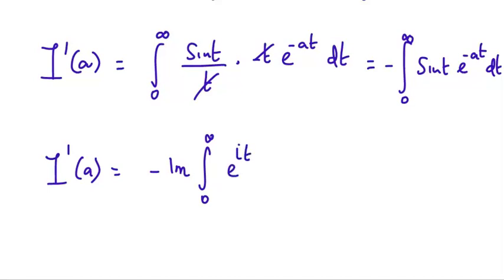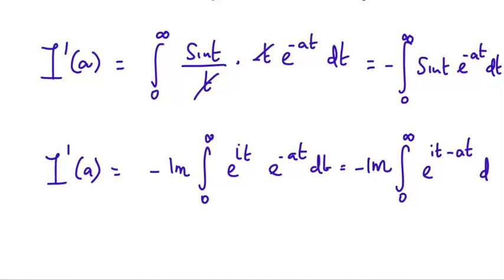The imaginary part of e raised to the power of it is sine of t. Don't forget that. Then multiply e raised to the power of negative at dt. And from the law of algebra, we know what is going to happen. The same base, we're going to add the exponents. We get e raised to the power of it minus at, which is the same as negative at plus it, and then dt.